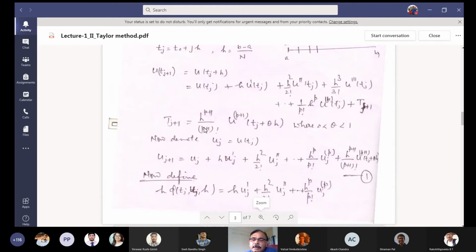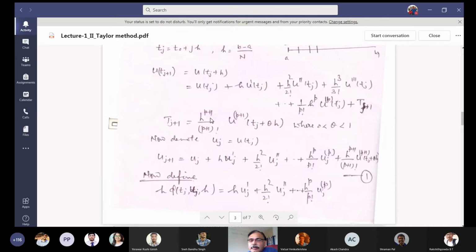If the slide is seen on your screen. Okay. So this is your pth order method, means the local truncation error is of order capital O of h to the power p plus 1.